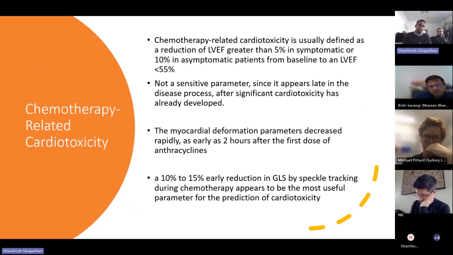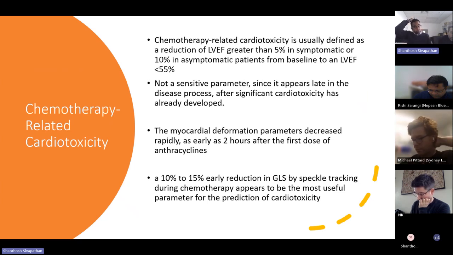It was fine, and then another 3 or 6 months later, the ejection fraction is 30%. It's really reduced. The problem with EF, as I said, is that it's a Simpson's biplane, a gross measurement. It doesn't detect subclinical dysfunction, and by the time the ejection fraction is low, it's probably too late for us to intervene.